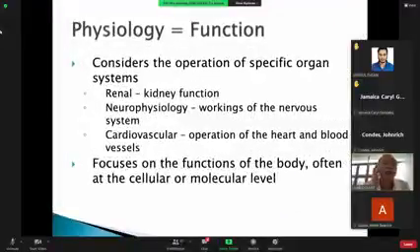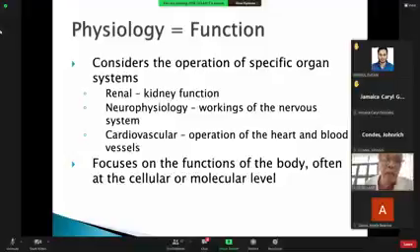So physiology is talking about the function as revealed by the structure. It considers the operation of the specific organ systems, like the renal kidney, where the properties of the cells in the tubule either eliminate the water or reabsorb some nutrients back to the blood.